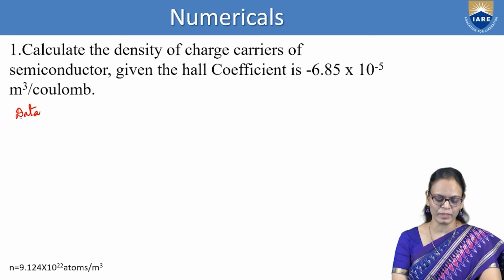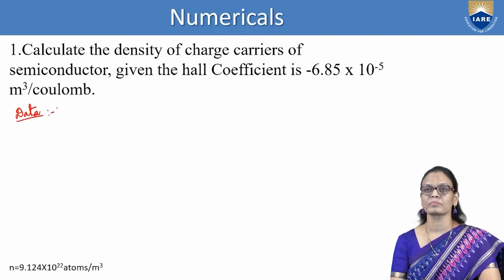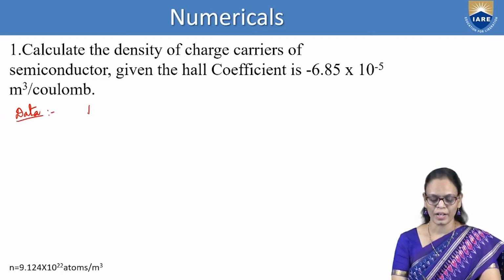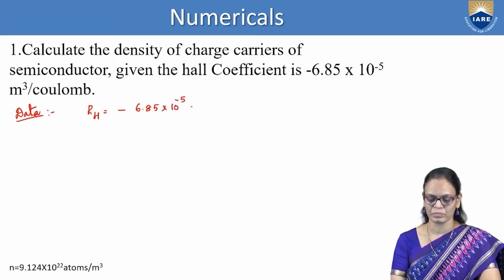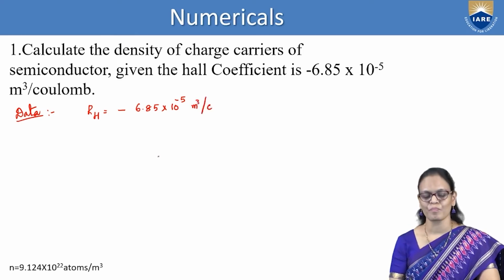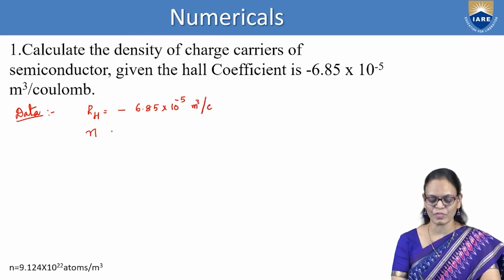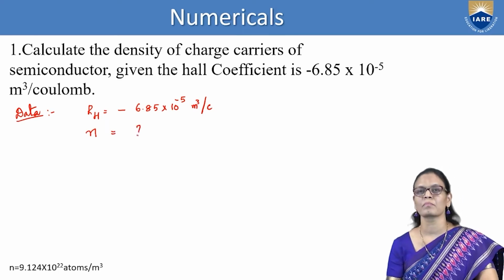RH is equal to minus 6.85 into 10 power minus 5. We have to calculate the density of charge carriers N.